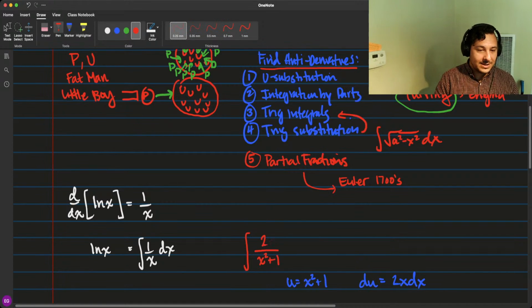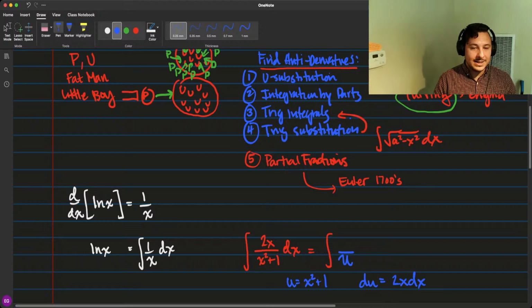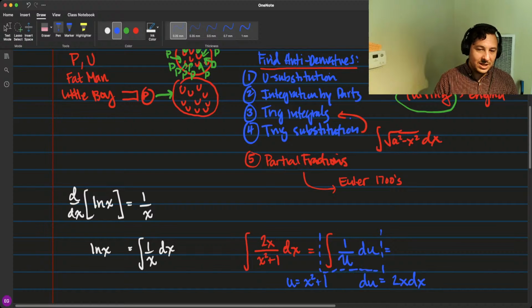So if you have a 2x right here and then a dx right there, looking at this, you're like, oh, x squared plus 1 is my u, and 2x dx is my du, so let's just put a 1 right here and that whole thing is du. Now you look at this and you know what the antiderivative is.